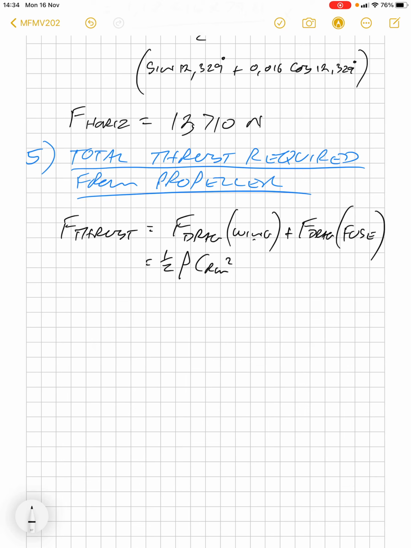Half rho CRM squared, CD, plus. Alright, let's substitute.